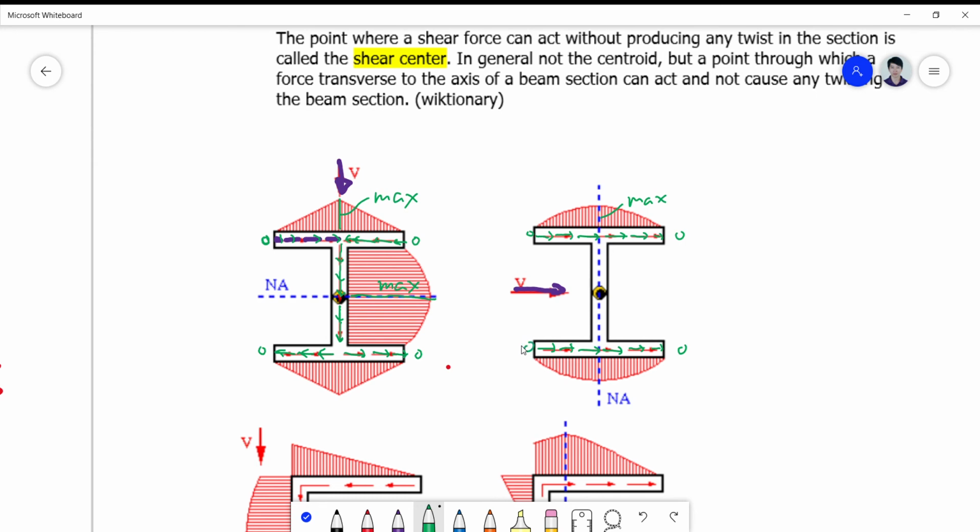Okay, so maybe you will ask me, why didn't it flow towards this value? Okay, actually it will flow here, but this is assumed to be negligible.